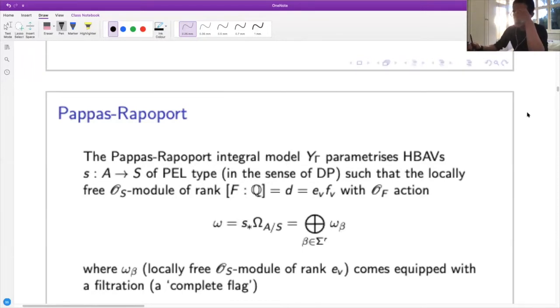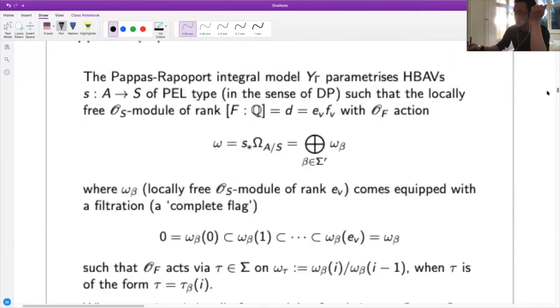In fact, the corresponding group will be smaller than the restriction of GL2, but I'm going to ignore the difference, and I'm just going to say Y_gamma would parameterize the following data: Hilbert-Blumenthal abelian varieties of PEL type. I'm not going to specify what these things mean, but in Payman's talk, these things were carefully defined.